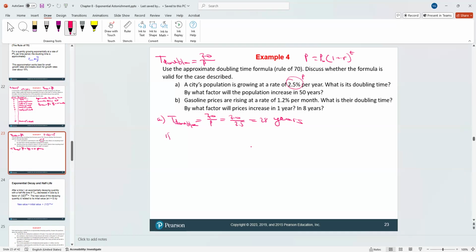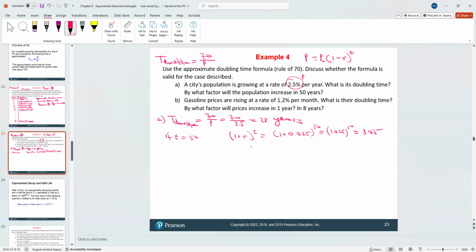If t equals 50 years, this is the factor. The factor would be 1 plus the rate, to the power t. So that would be 1 plus 0.025 for 2.5%, to the power 50. So we have 1.025 to the power 50, which would be 3.45.